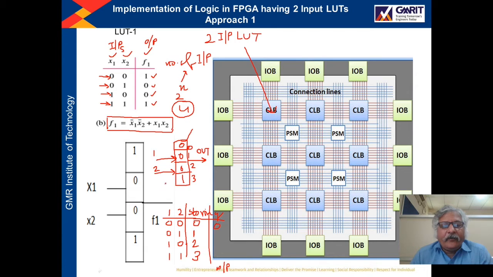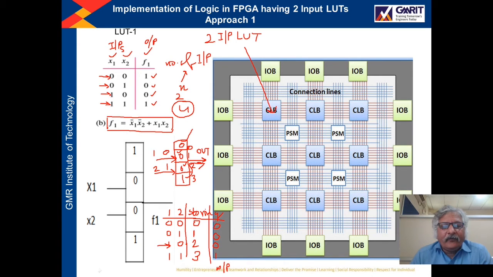If you give input number 1 as 0 and input number 2 as 1, then storing place number 1 will be active, and whatever is stored there, that is 0, will come out. If you give input number 1 as 1 and input number 2 as 0, then whatever is stored at this place will be the output. And if we give both the inputs 1, then storing place number 3, where I have stored 1, will be sent to the output.